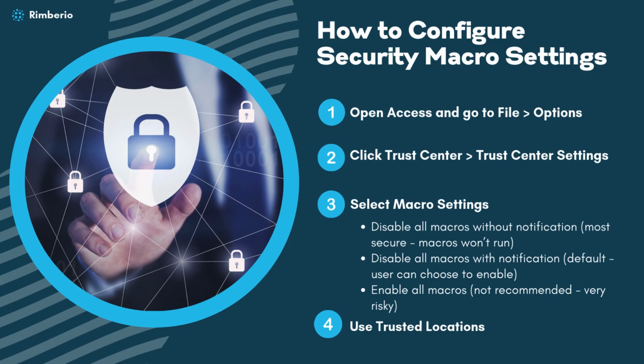There's also an Enable All Macros, but that's generally too risky unless you're absolutely sure of the database's source. Adjust these settings based on your risk level and how much control you want over which macros can run.